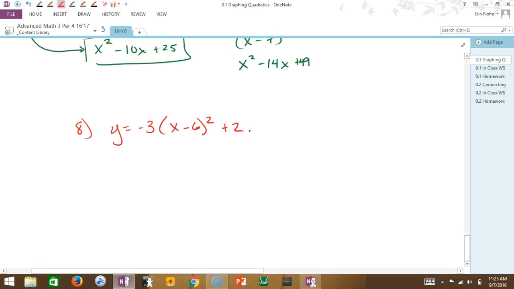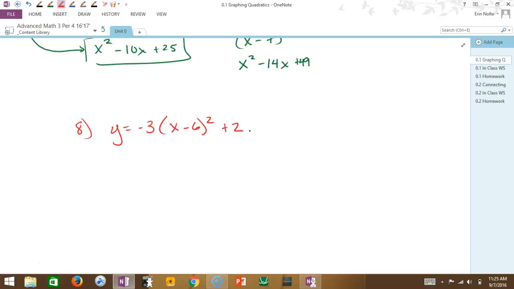How would I take this vertex form and convert it to standard form? What would I do first? You expand the x minus 6.